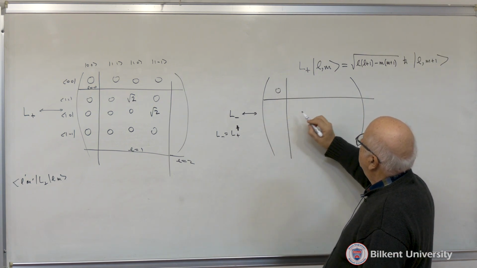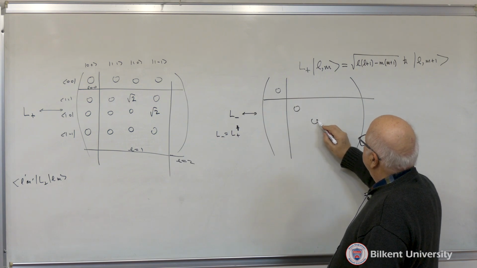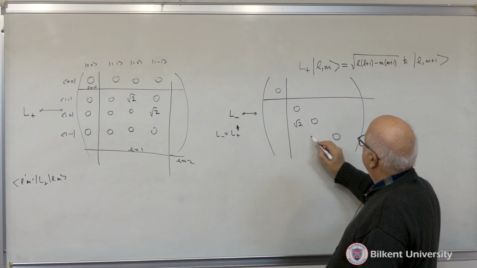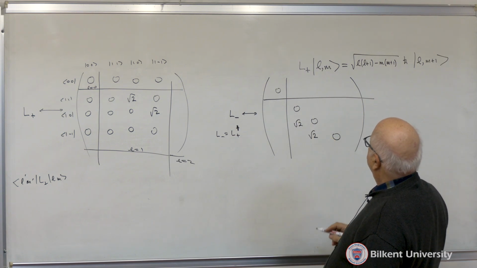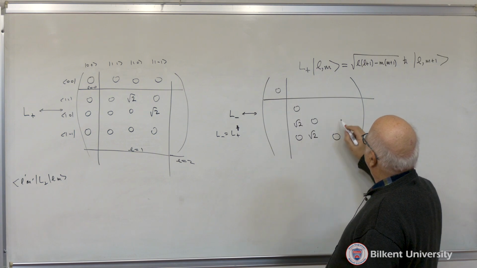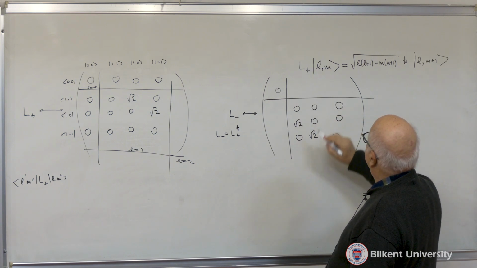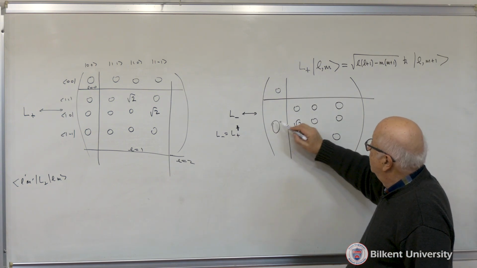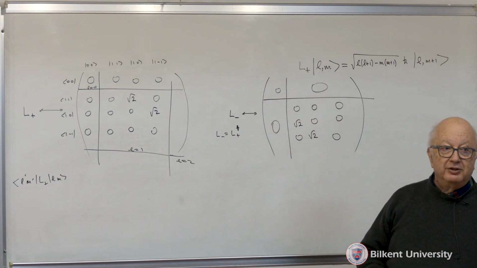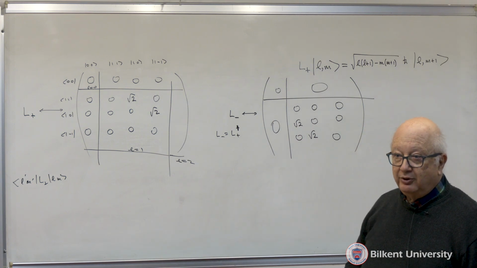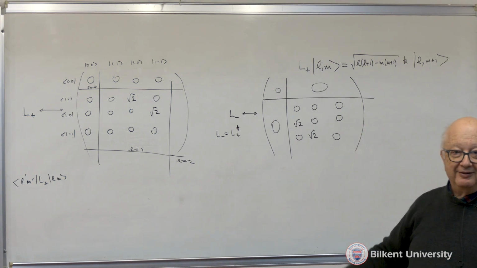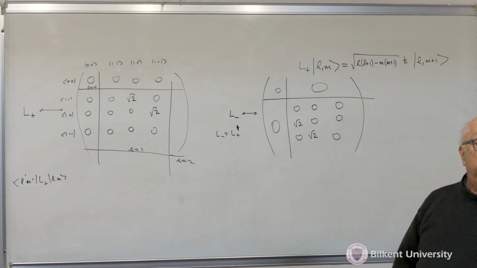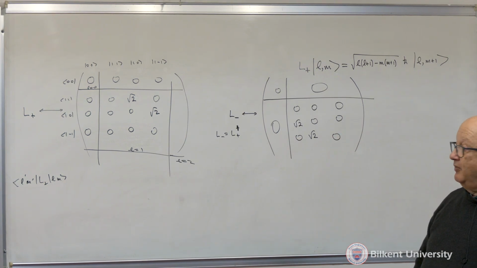The diagonals are all zeros, but the square root of 2 now moves over here. As an exercise, I am sure you are all doing your exercises very conscientiously. Just do this the way we did this, and show that this is indeed the case.